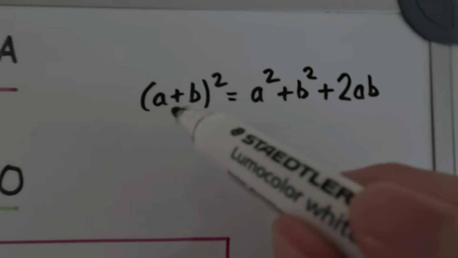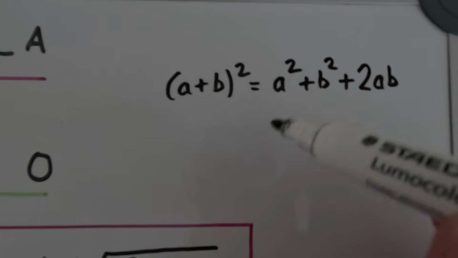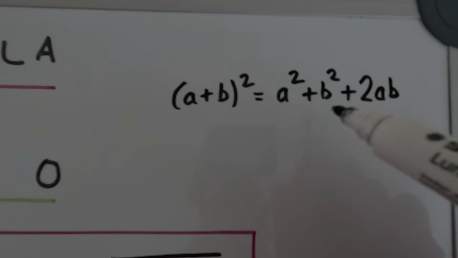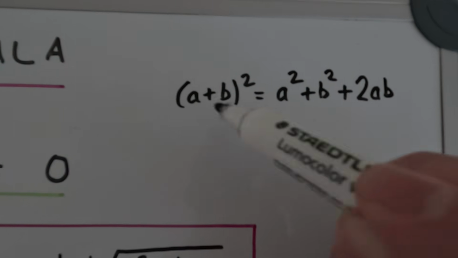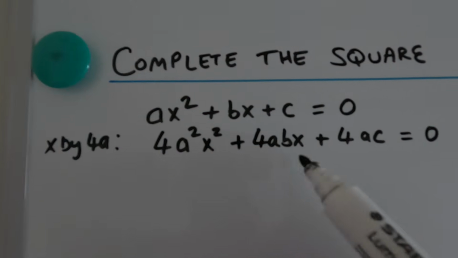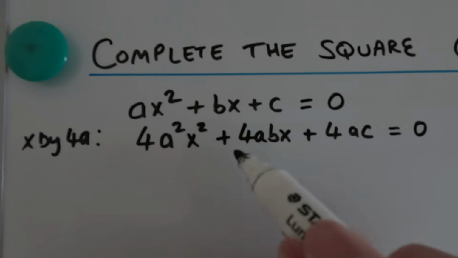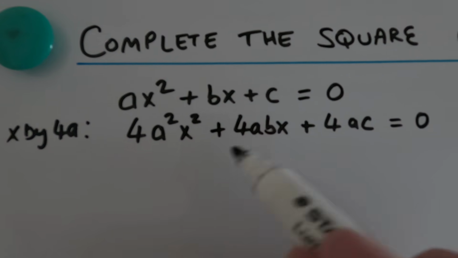So when you add two things together and square it, it's equal to the square of the first one plus the square of the second one plus twice their product. Okay, so we're going to be using that here as part of completing the square. So this is where this 4abx comes in for the twice their product.